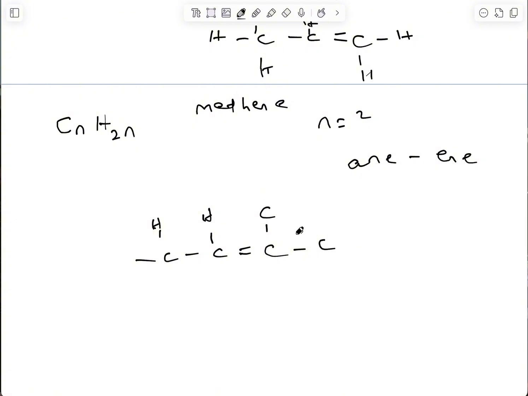I'm trying to tailor this so that I want it to be terminal. So we have a C here, we have H here, 1, 2, 3, so there will be another H here. Then we have another C in this place. So let this be H, let this be H, let this be H, let this be H.